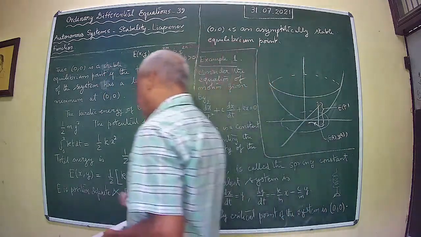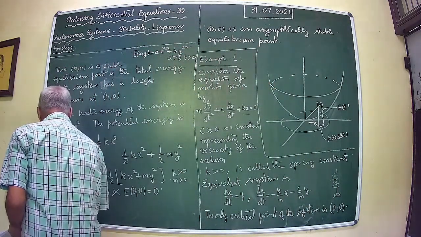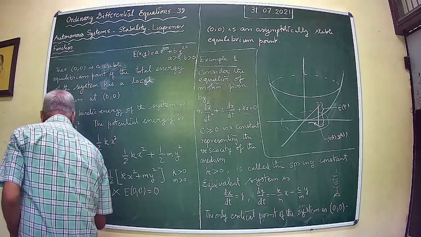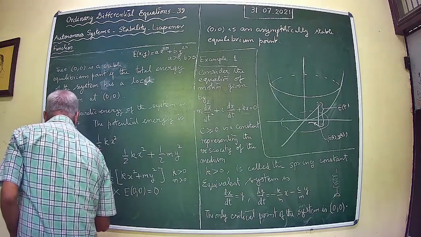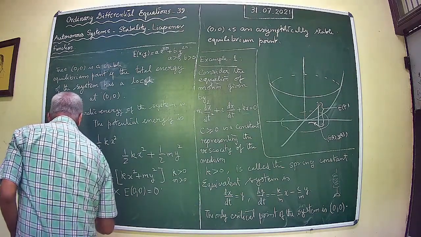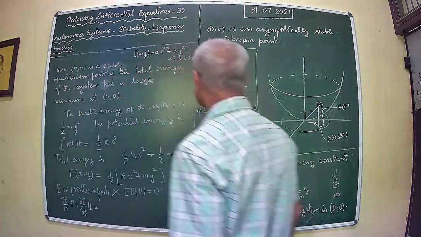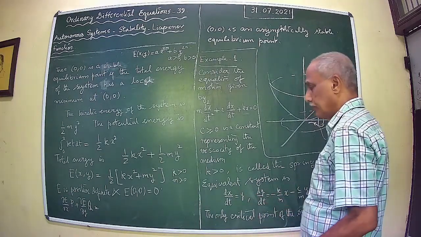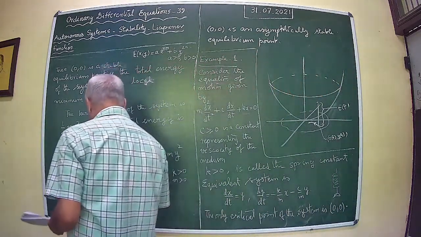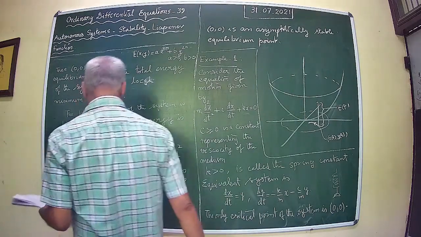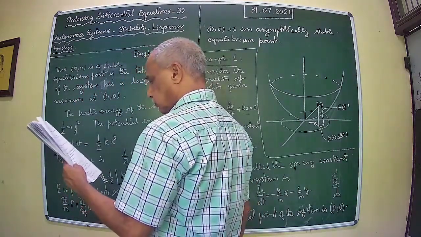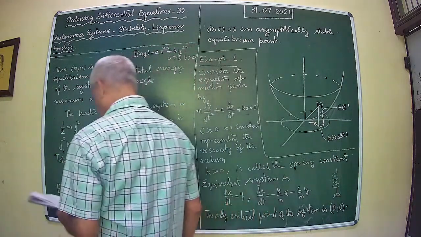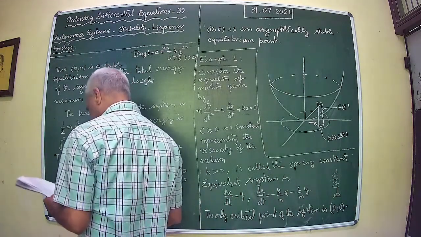Okay. Now we compute this dE by dt. This turns out to be what is, see, the P is given by y. Okay, so this is Kx times P plus the y term.